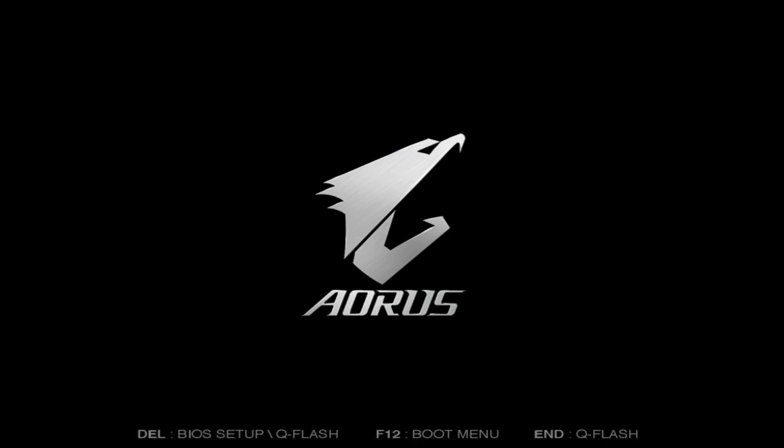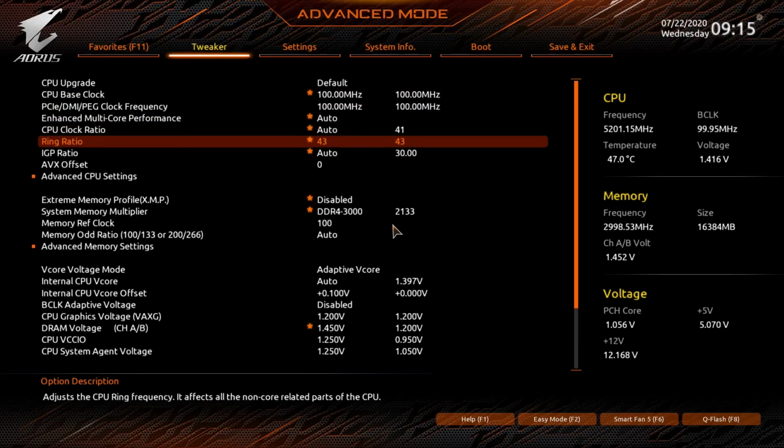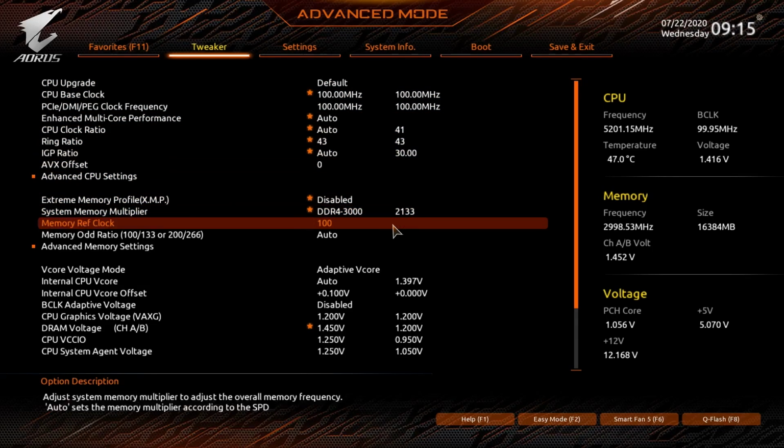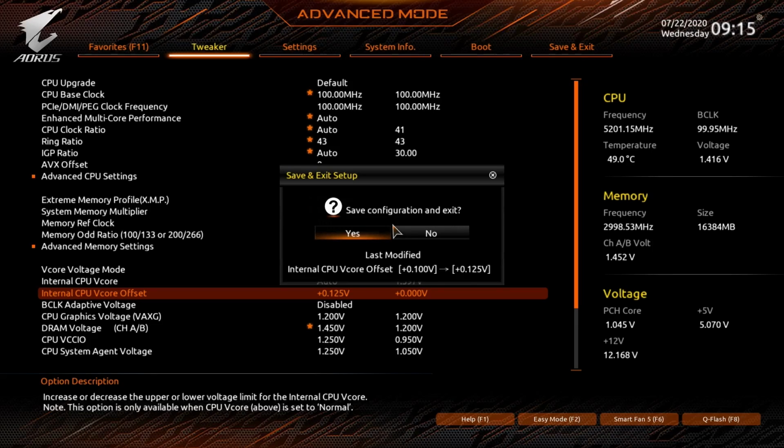Now there's a point when you overclock and you start hitting a wall where you need an exponentially higher amount of voltage for a very small increase in frequency, and it looks like that's what's happening here. Since we were very safe before, let's try 0.125 and see where that takes us.